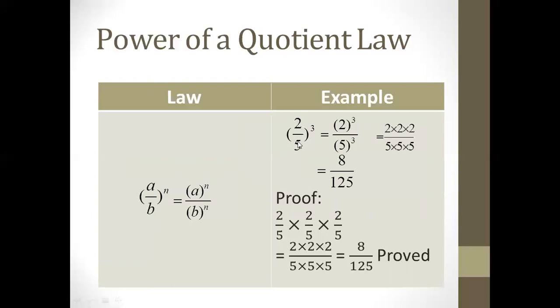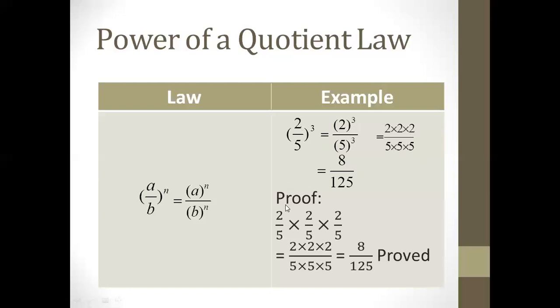Here we have a quotient 2 upon 5 with power 3 or cube. Now this cube is going to be distributed on the numerator as well as the denominator. Now 2 cubed is 2 times 2 times 2 and 5 cubed is 5 times 5 times 5. Now when you multiply or simplify, you will get 8 in the numerator and 125 in the denominator, right?